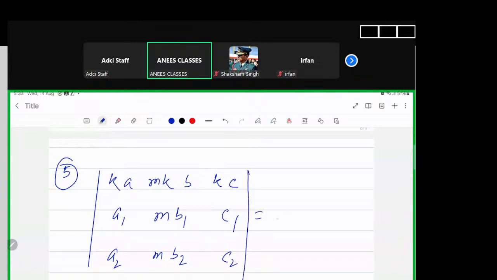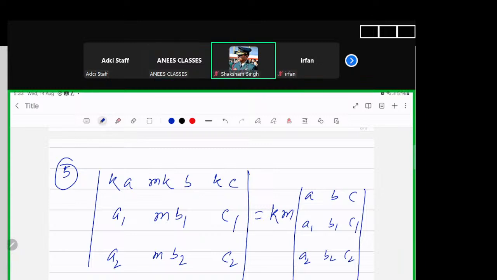From the first row I can take K common, or from the second column I can take M common. We will get A, B, C, A1, B1, C1, A2, B2, C2. Understood?